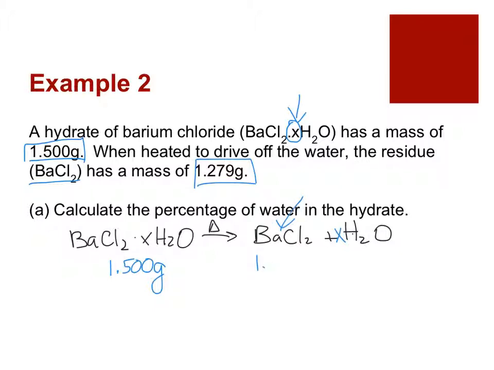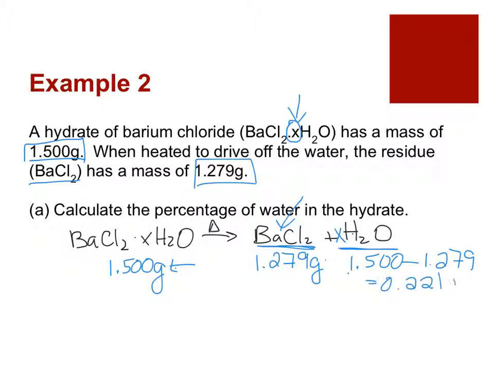And the mass of our anhydrous form of barium chloride is 1.279 grams. Now we know by the law of conservation of mass that the mass of water plus the mass of the barium chloride has to equal the mass of our reactant. So to find that, we're going to take 1.500, we're going to subtract 1.279, which gives us a mass of 0.221 grams.